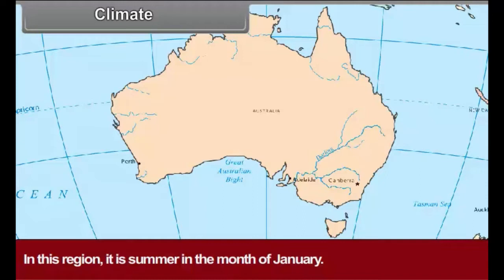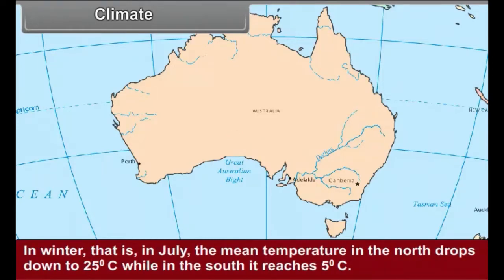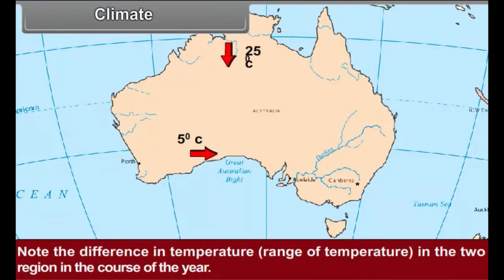In this region, it is summer in the month of January, when the mean temperature in the north is 35 degrees Celsius, while in the south it is 20 degrees Celsius. In winter, that is in July, the mean temperature in the north drops down to 25 degrees Celsius, while in the south it reaches 5 degrees Celsius. Note the difference in temperature, that is the range of temperature, in the two regions in the course of the year.